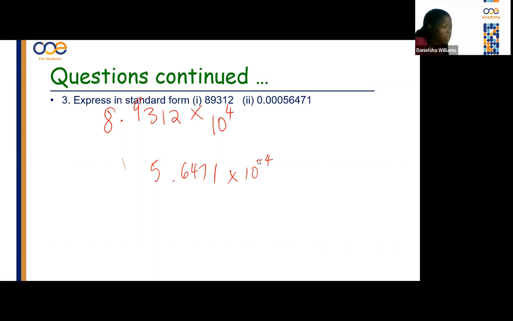Okay, so I'm writing everything. I see laws of indices, operations, simultaneous, algebraic fractions. Anybody has done equations? Yes, miss. So equations. All right, I have that.